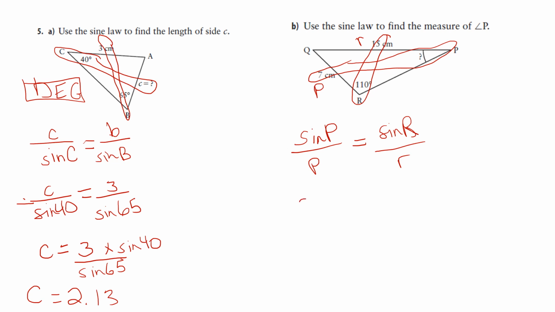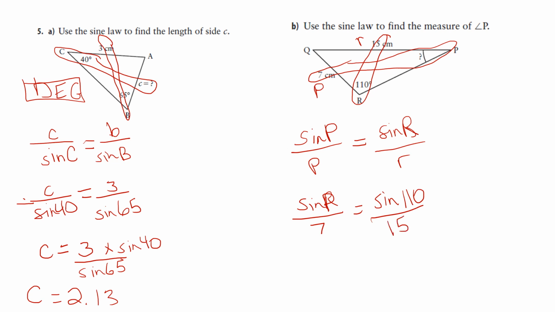So we fill in what we know. We know little p, side p, is 7. We know angle r is 110. And side r is 15.